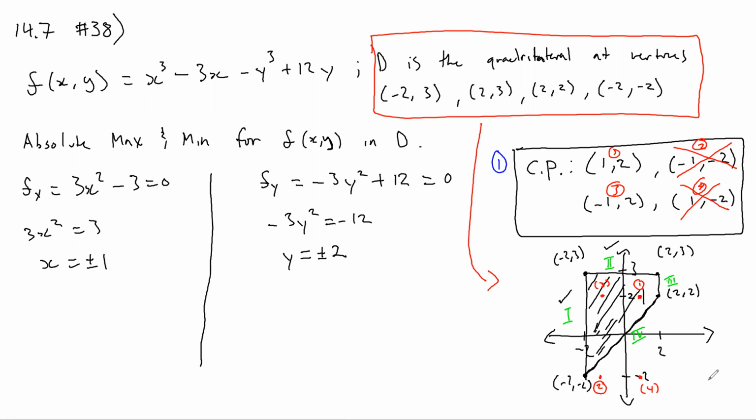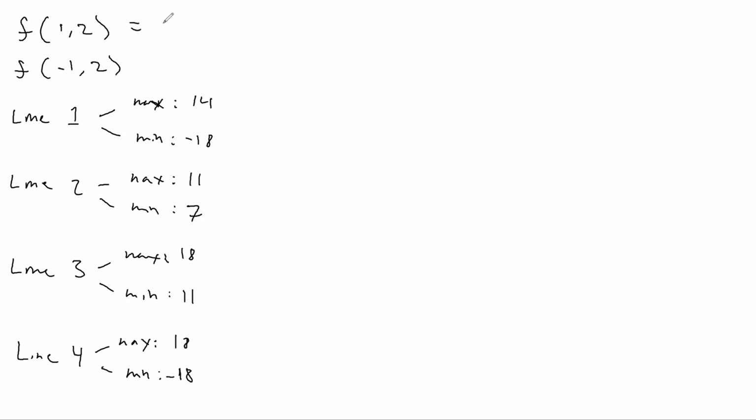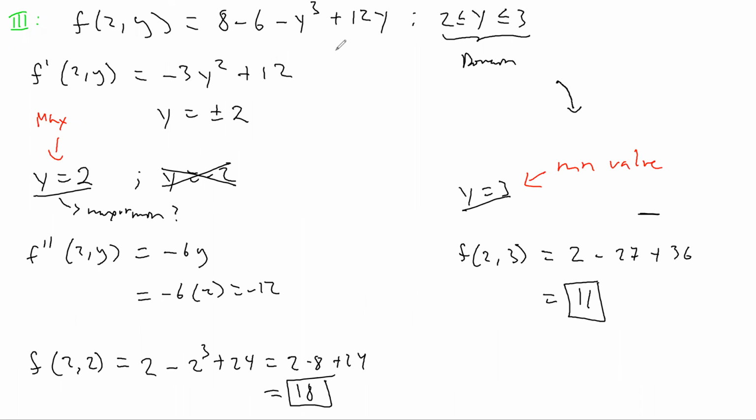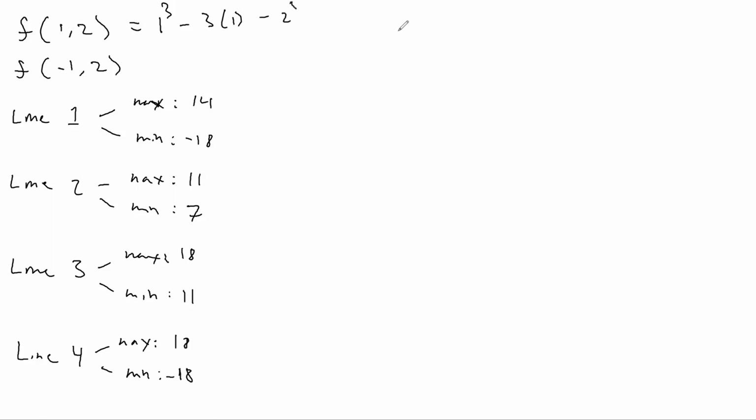x cubed minus 3x minus y cubed plus 12y. So 1 cubed minus 3 times 1 minus 2 cubed plus 12 times 2.